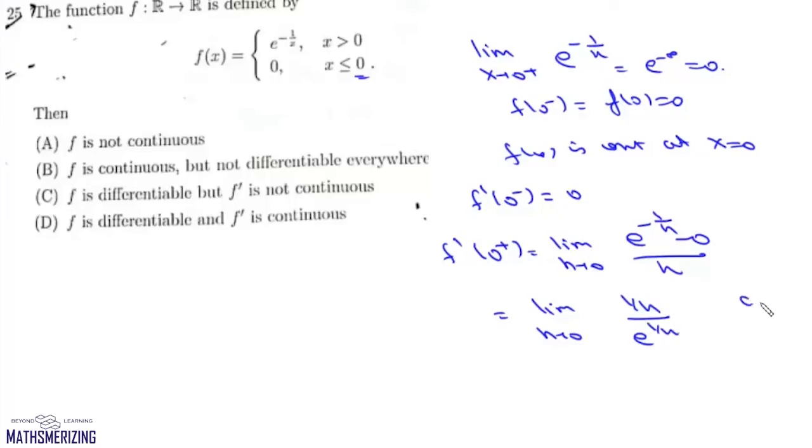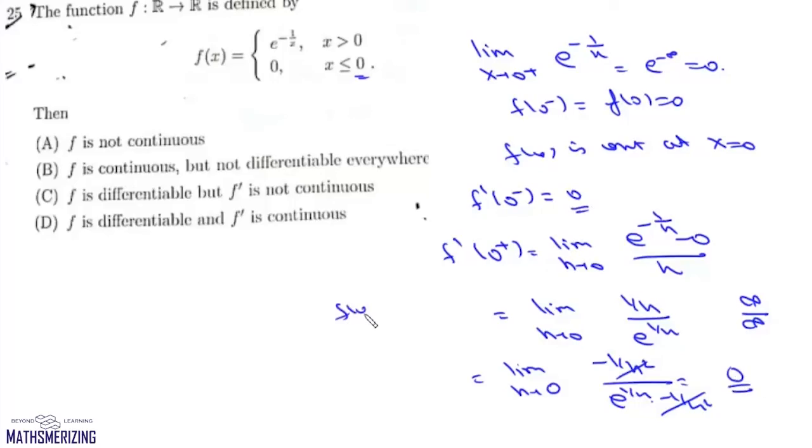So which is infinity upon infinity form. We can use L'Hopital's rule. So it will be limit h tends to 0 and then it will be minus 1 upon h square over e to the power 1 upon h and minus 1 upon h square. So it will be 1 upon e to the power infinity, which is 1 upon infinity, it should be 0. So left hand derivative is 0, right hand derivative is 0. So that means f(x) is differentiable at x equals 0.